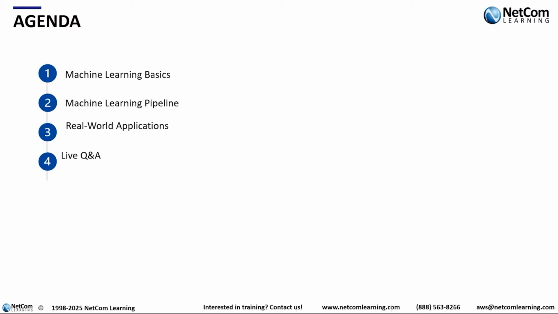We'll look at some integrated tools and scalable infrastructure. And then finally, we're going to cover some key takeaways, and we'll close the session with a live Q&A. This will give you a chance to ask any questions you might have and discuss topics in a bit more detail. So first things first, we're going to start off with the basics and talk about what machine learning actually is.